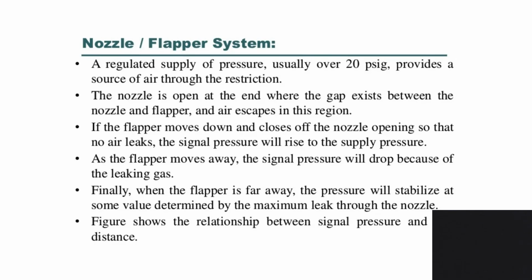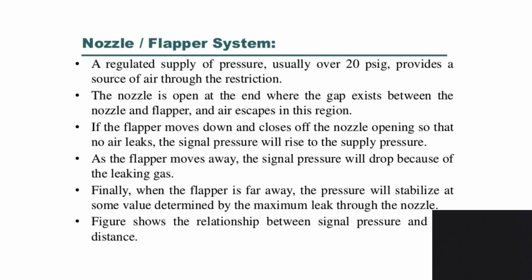If the flapper moves down and closes the nozzle, there is no leakage and the pressure rises to the signal pressure. As the flapper moves away, there is a gap and a loss of pressure. Finally, when the flapper is far away, the pressure stabilizes at a value determined by the maximum leak.